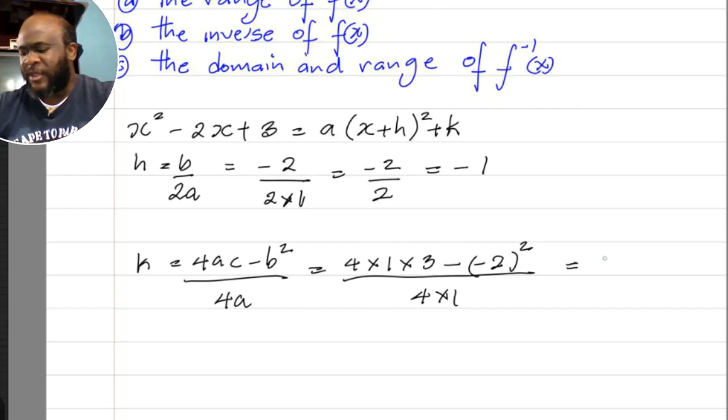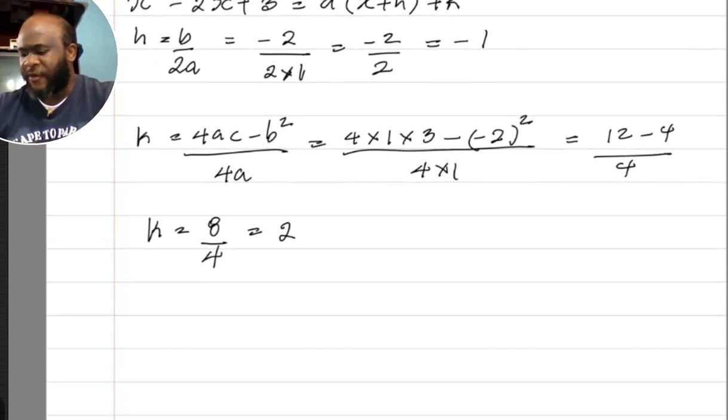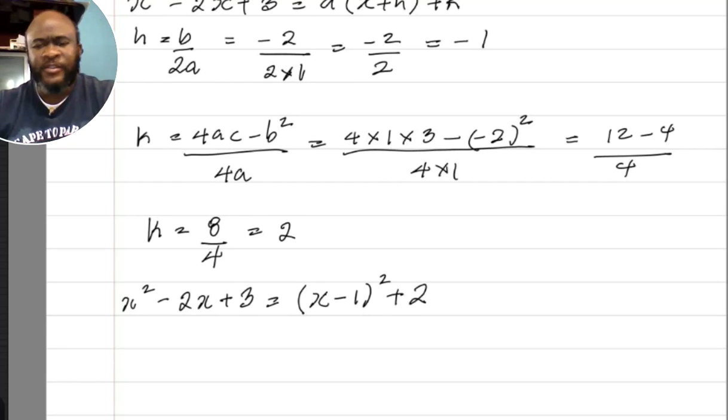So this is 12 minus 4 all over 4, so that is 8 over 4. k is 8 over 4, which is just 2. All right, so therefore x squared minus 2x plus 3 is equal to a, which is 1, times (x plus h, which is minus 1) squared, plus k, which is 2. So that's the first thing we're asked to do.